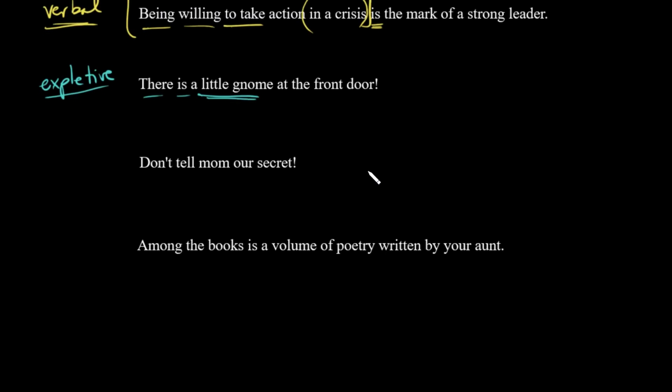Let's go to the next one, and we have just two left here. So this one reads, "Don't tell mum our secret." And the verb here is "don't tell." So if we say who or what don't tell, then the person doing this action is actually outside of the sentence. And that's because the verb here is an imperative verb.